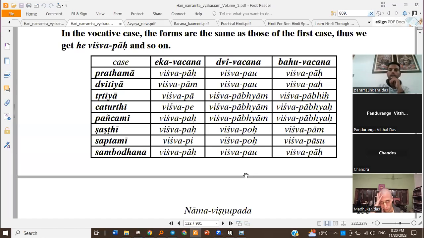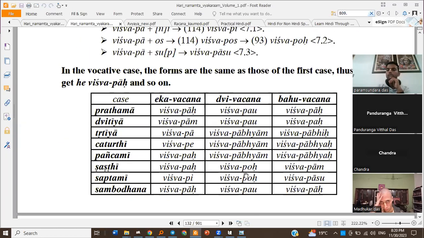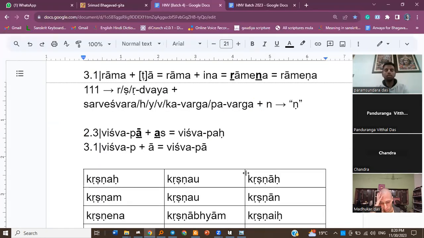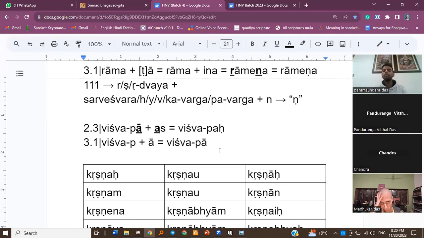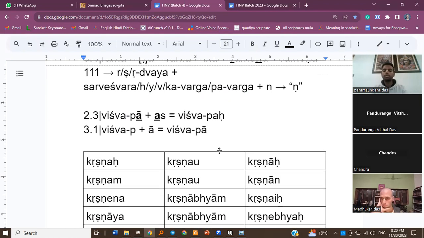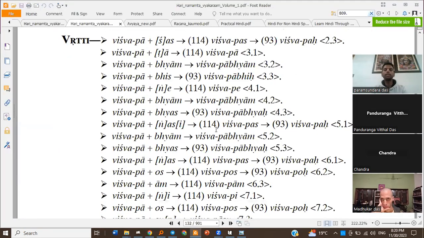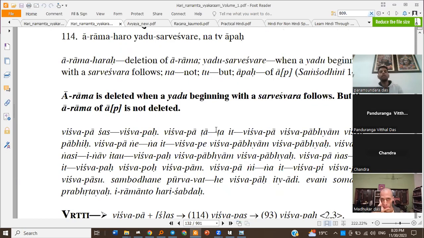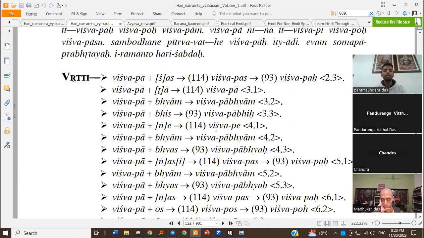Just write this declension, Prabhuji, so in the future we can understand in the notes. Yeah, it's written. I've written 2 here. Yeah, so the rest are here, and it's only one sutra we applied everywhere.